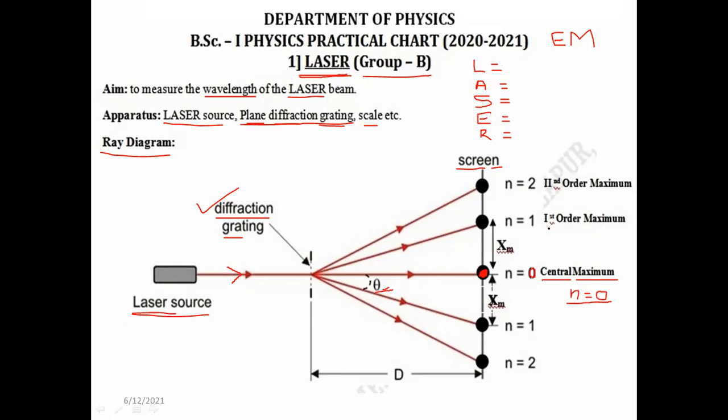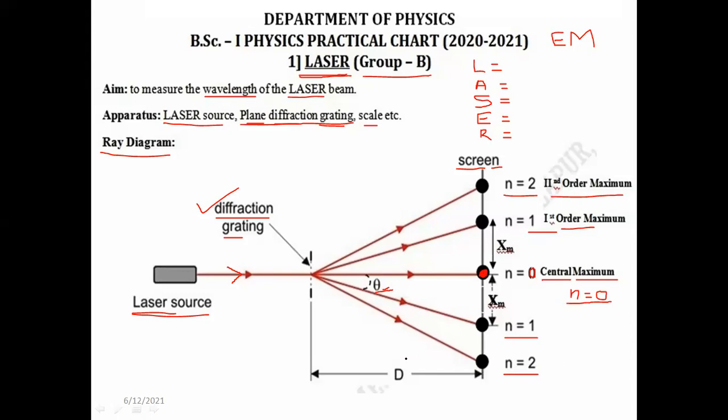So here, for n equal to 1, the bright spot after the central maximum is the first order maximum. Above that, n equal to 2 is the second order maximum. And below the central maximum, n equal to 1 is again the first order maximum, and n equal to 2 is again the second order maximum.